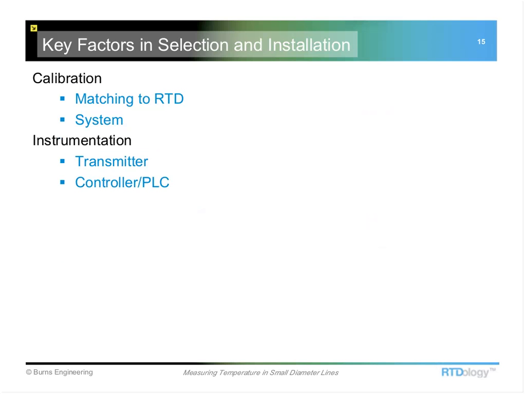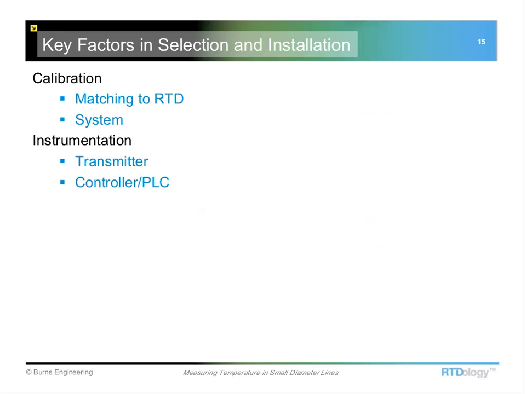A couple others here too for improving accuracy would be the calibration, where we can actually match the RTD to a transmitter, or you can do a loop calibration. So you would have, well, maybe a chart recorder, you've got the RTD, there might be a transmitter involved, and calibrating that whole system or that whole measurement loop can improve accuracy.